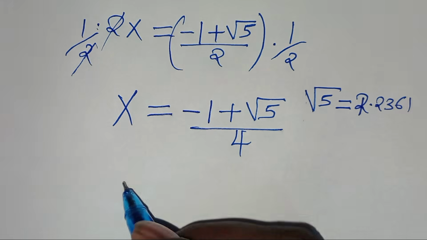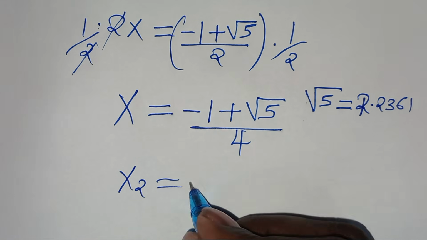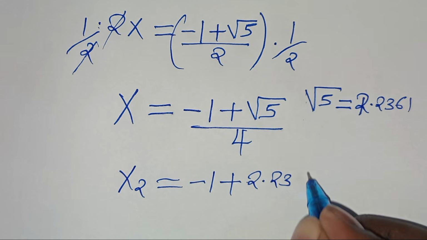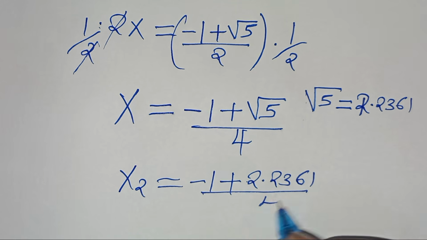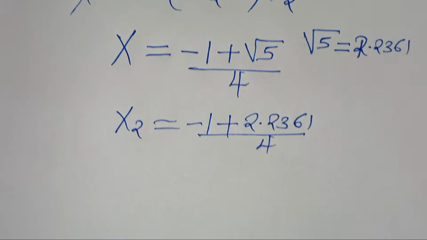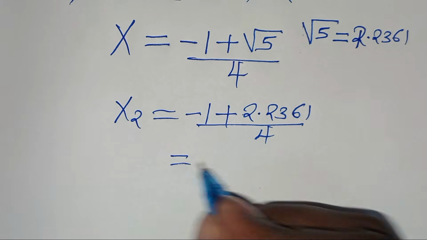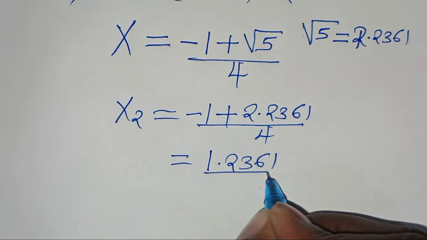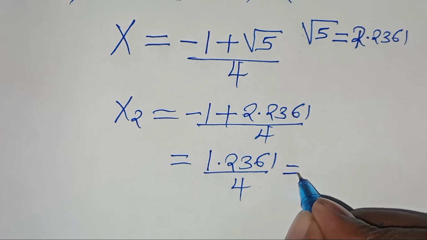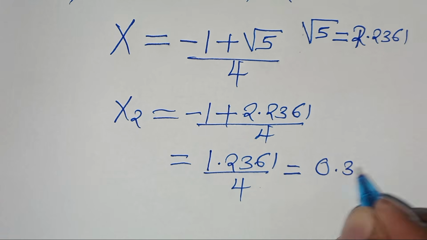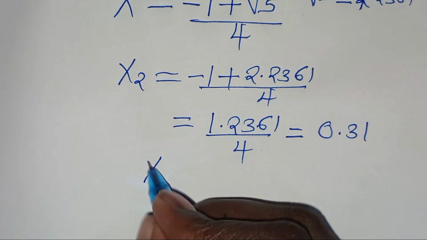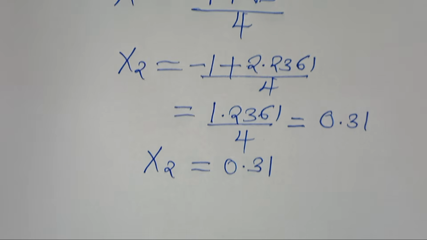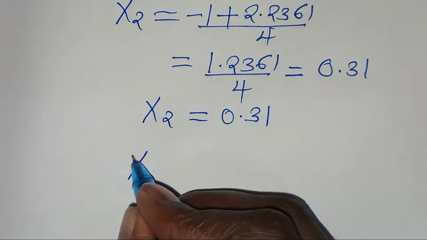So this implies that x2 is equal to negative 1 plus 2.2361 divided by 4. And this means that this is 1.2361 divided by 4, and this is equal to 0.31. So we have x2 is equal to 0.31.